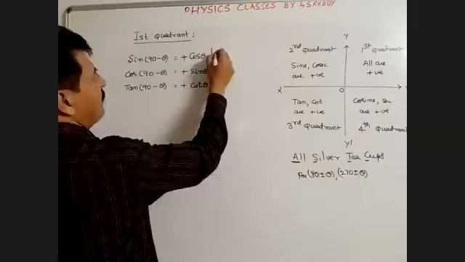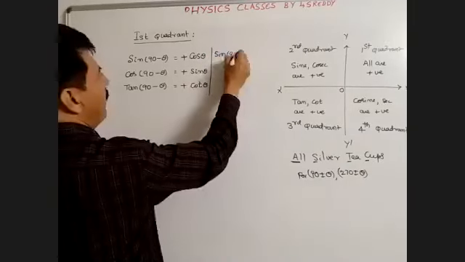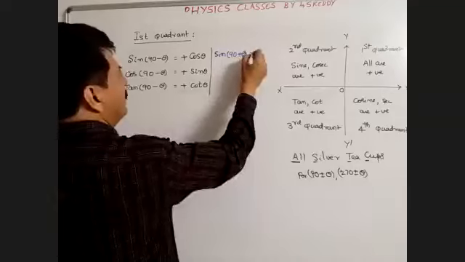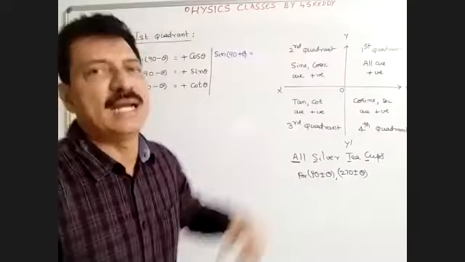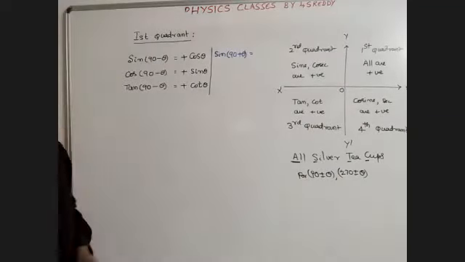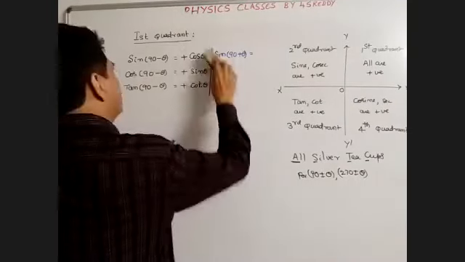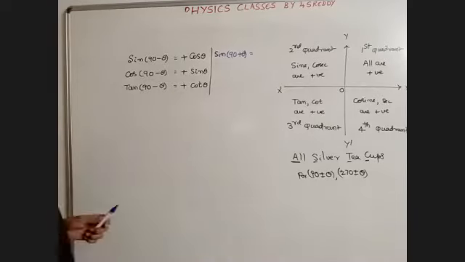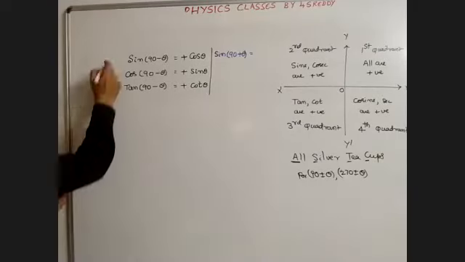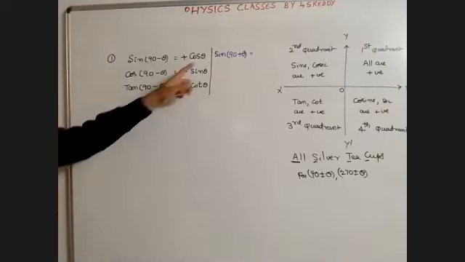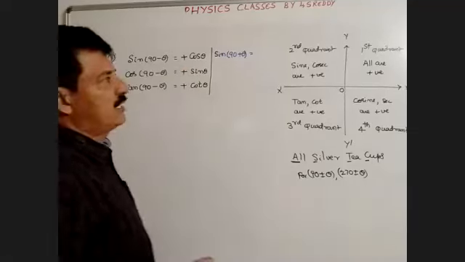If I take 90 plus theta, 90 plus theta means now it enters into the second quadrant. So 90 first one is this, I'm taking. Then sine of 90 plus theta, what sign in the second quadrant?